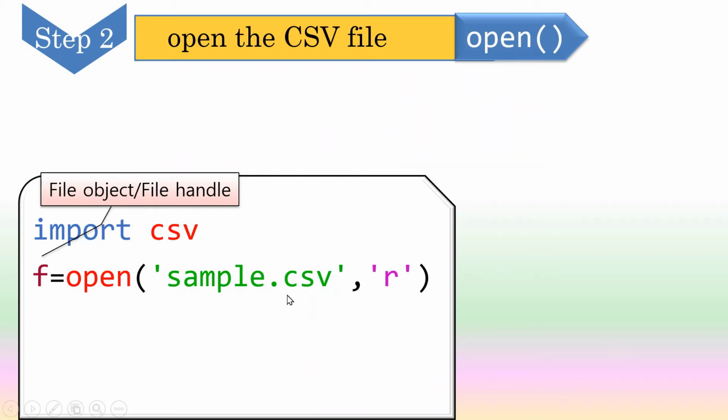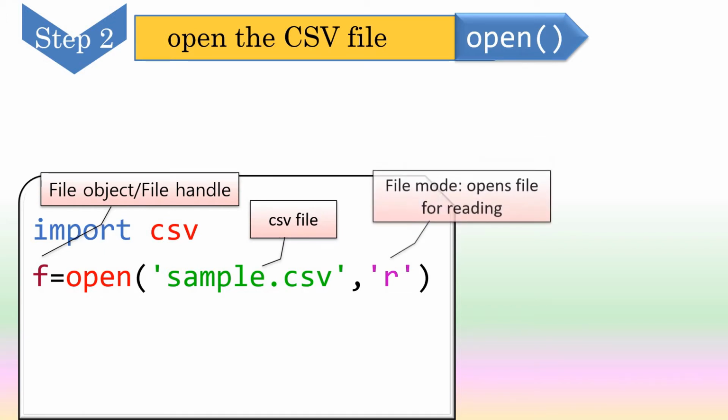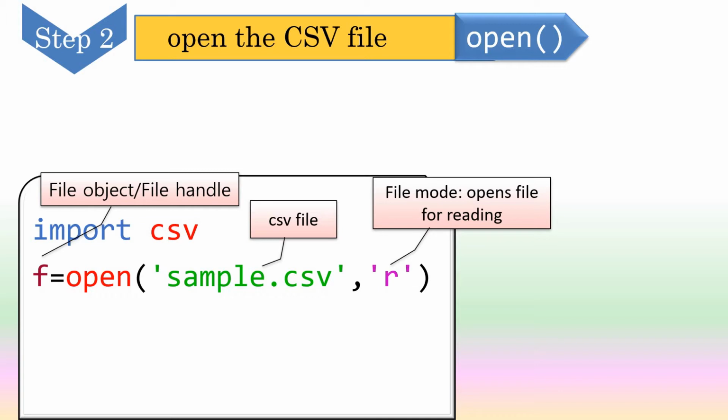The first parameter in the open function, sample.csv, is the name of the CSV file. The second parameter, "r" within quotes, denotes the file mode. Here r is for opening the file for reading. So this open function will open the already existing file sample.csv in the read mode.